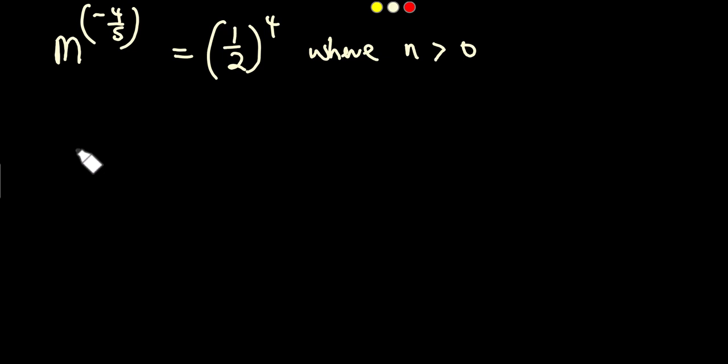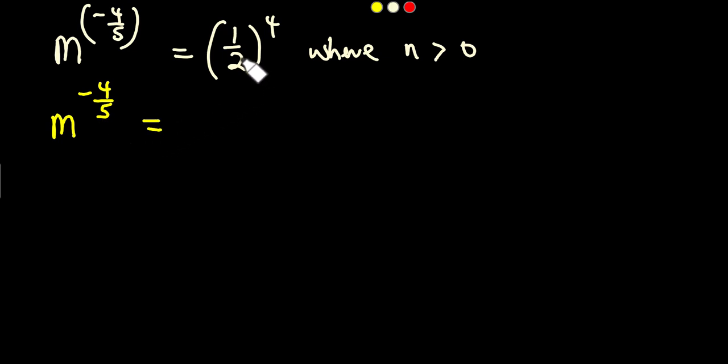Now this is a bit of a hard question, but I think we can really solve it. The first thing we need to do is write this question again on the left. Repeat the same question, m to the power of minus 4 over 5, but this time I remove the bracket.